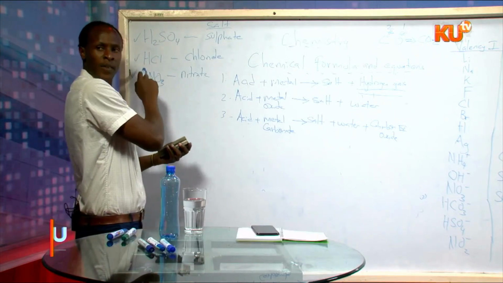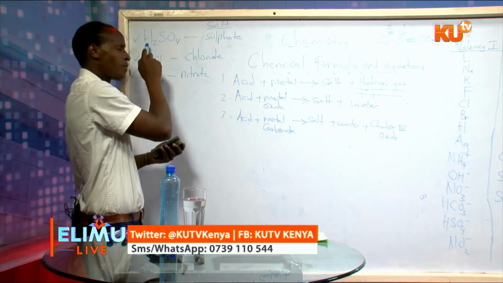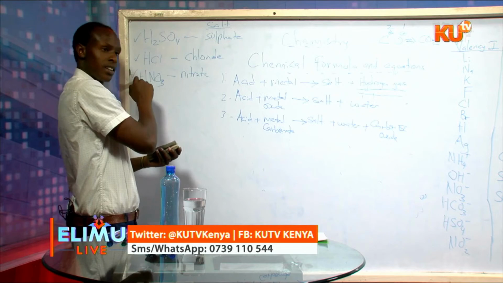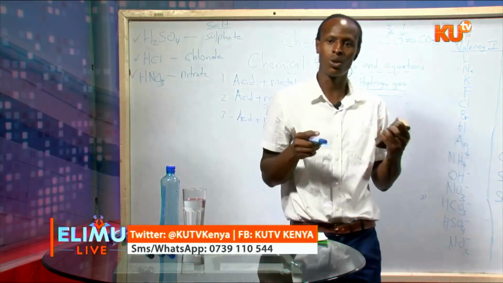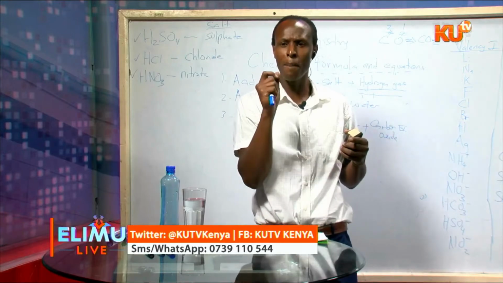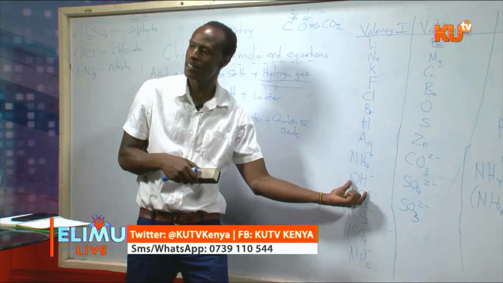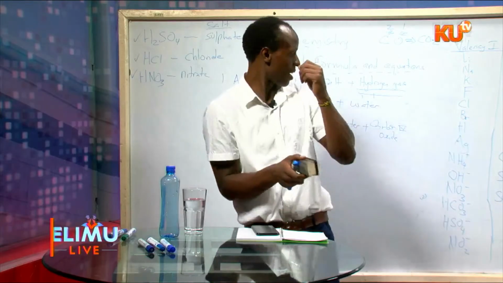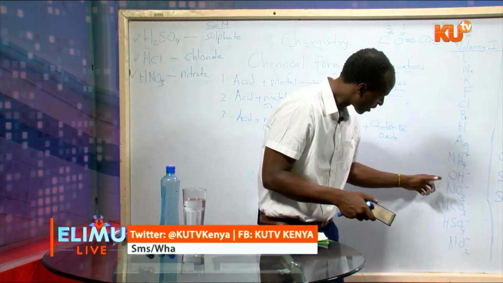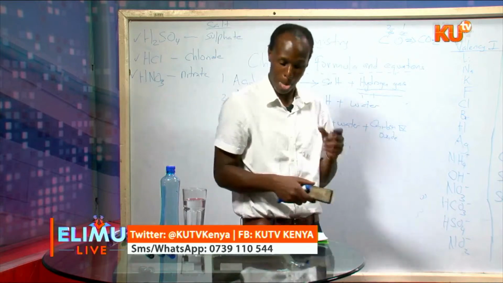For something to be classified as an acid, it must have the element H, hydrogen, as in H2SO4. Same thing with bases or alkaline solutions. For anything to be a base, it must have the hydroxide ion, OH. Calcium hydroxide is a base, sodium hydroxide is a base, zinc hydroxide, aluminum hydroxide, provided it has the name hydroxide.